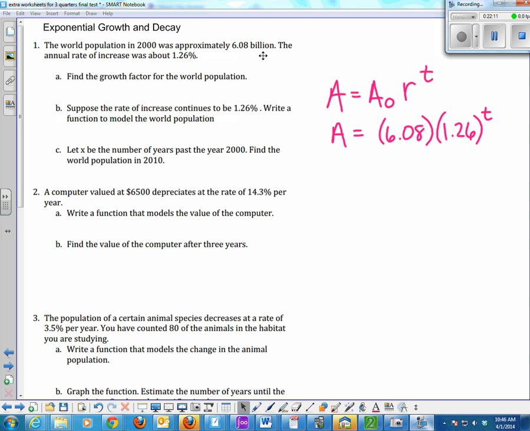For example 1, I started to do this problem. The growth factor for the world population would be your 1.26, or the 2.26 is the growth. 1.26 is going to be your rate.